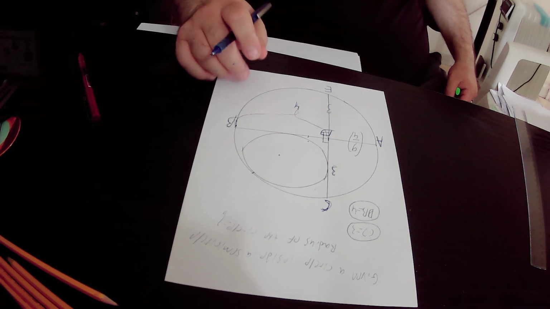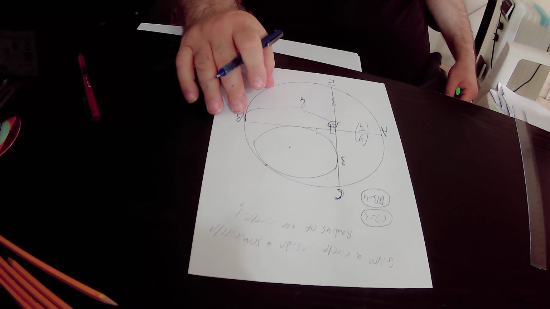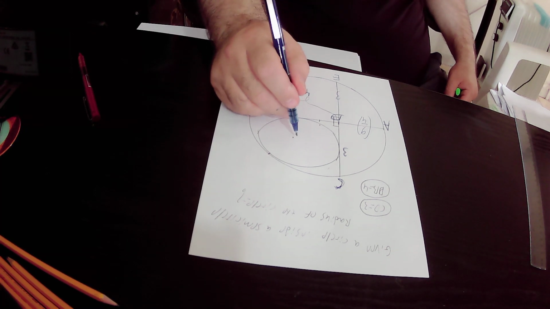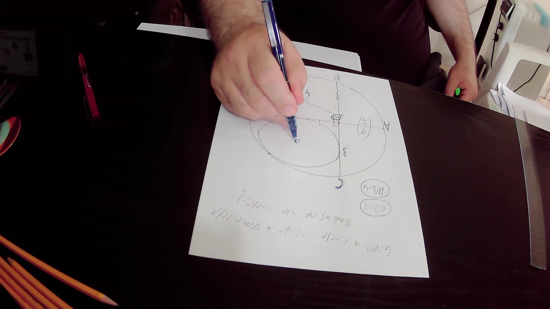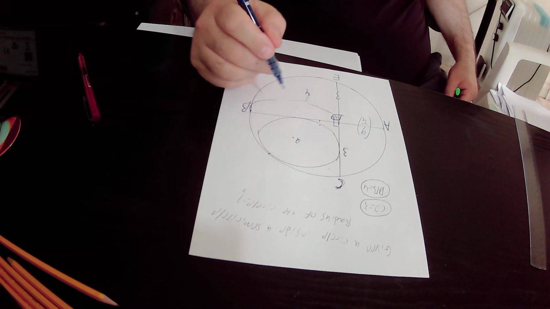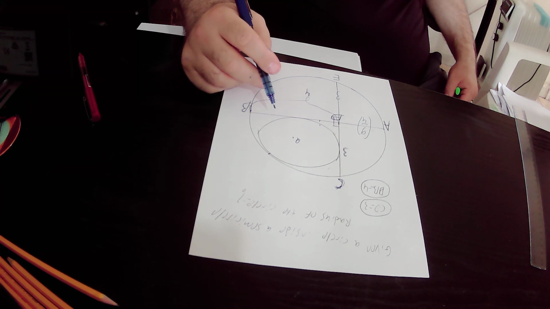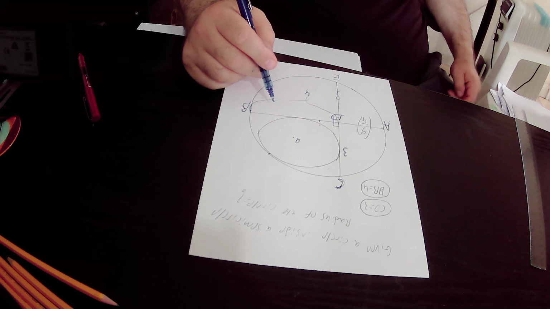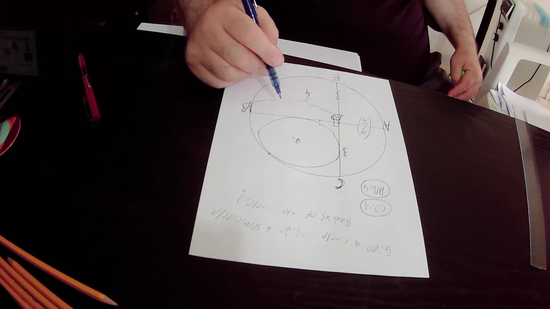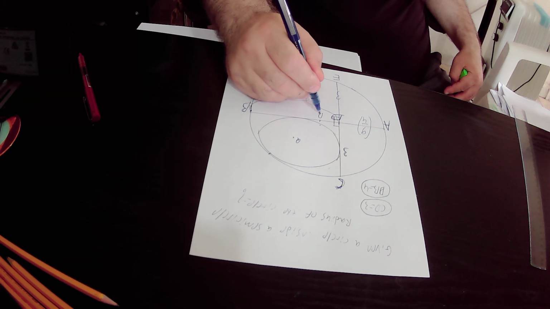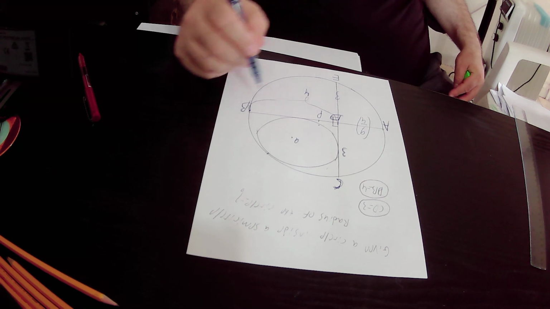In the next step, we will define the center of the small circle as point Q, and we will define the radius of the small circle as small r, and we will define the center of the big circle and the semicircle as P. This is the center of the big circle and also the semicircles.